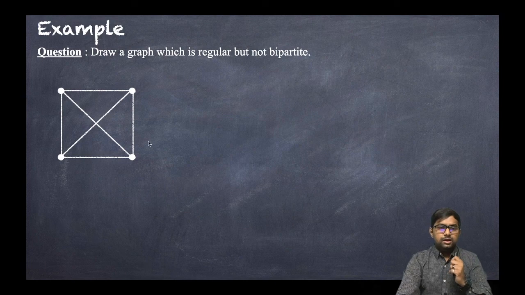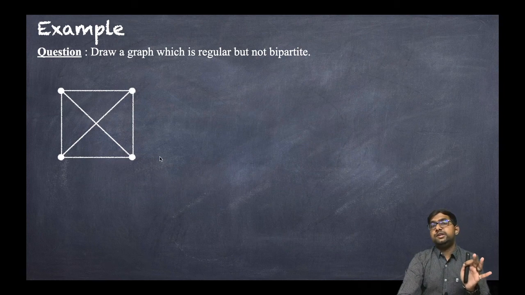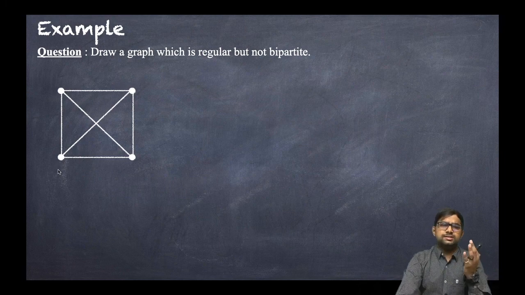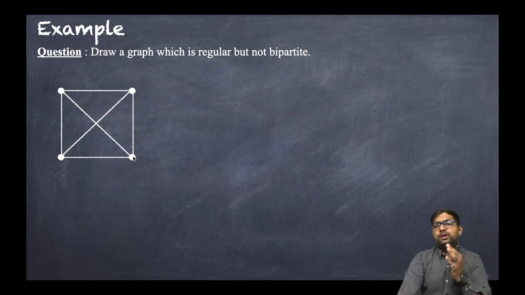Why? Because we cannot divide the vertices into two partite sets such that they are not connected with each other. Just take this point and this point, but they are connected. Just take this point and this point, but they are connected. So it cannot be a bipartite graph.